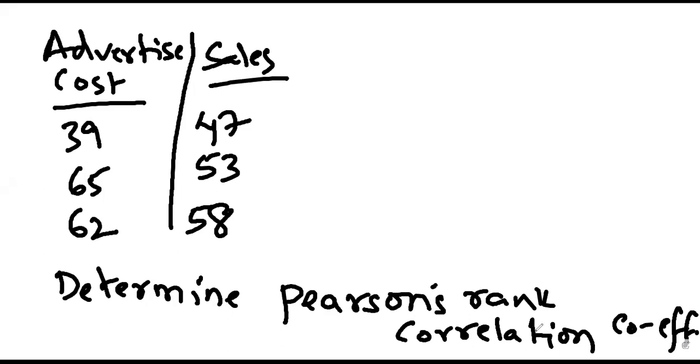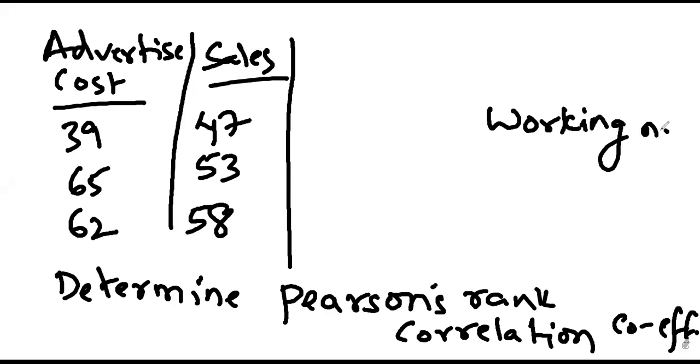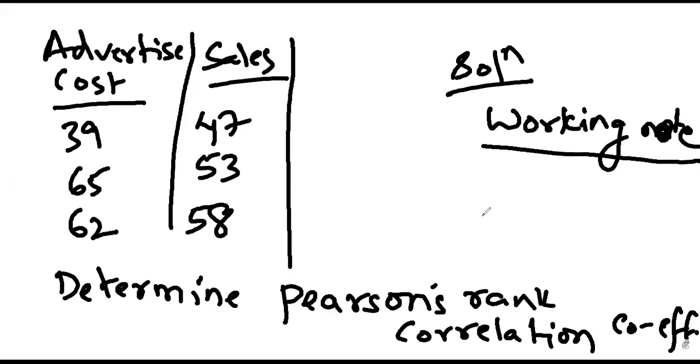These are the parameters which we are supposed to determine. Now, this is just a working note. Since I do not have space to write, I'm writing it here. You can write below this particular table, write solution and write the working note.